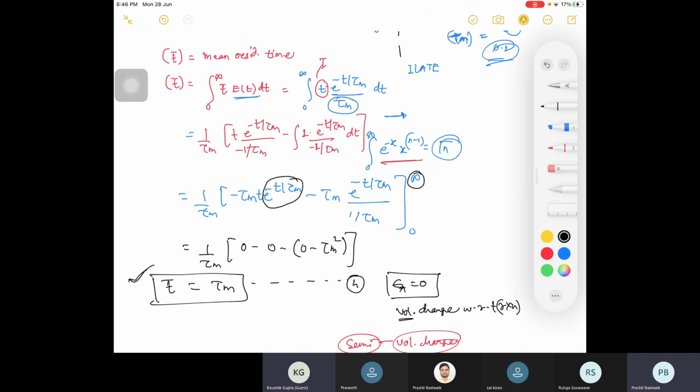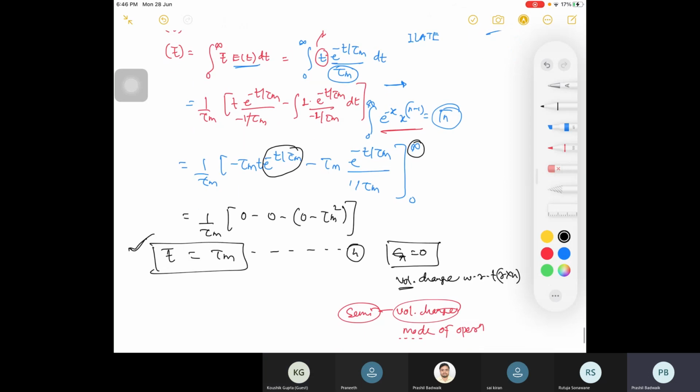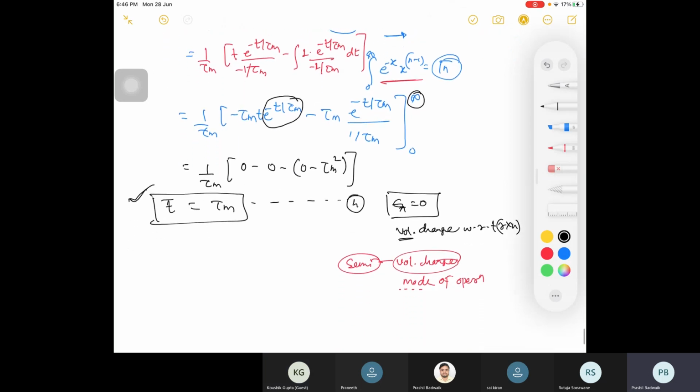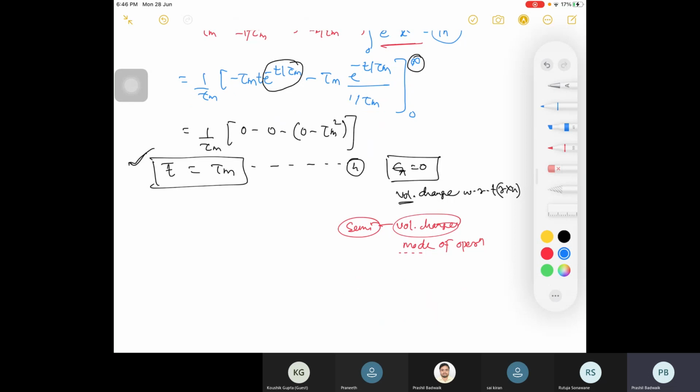Okay. So this is for your CSTR pulse input and constant volume reacting system. Suppose if there is gas phase reaction, you just write gas phase reaction in your CSTR. So you will be having a different value, right?